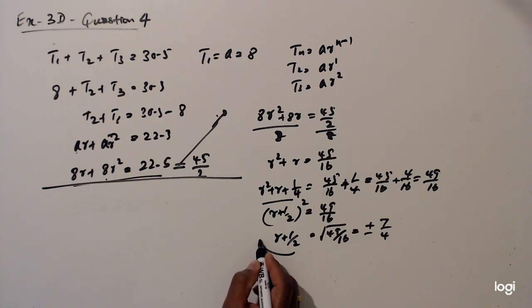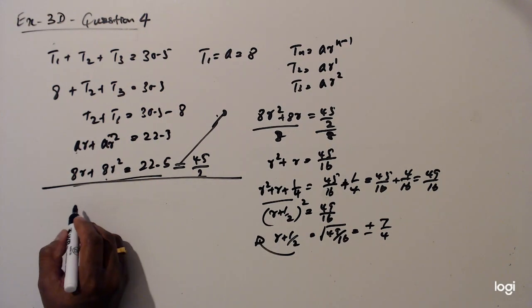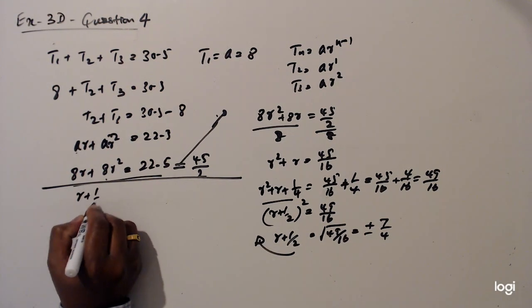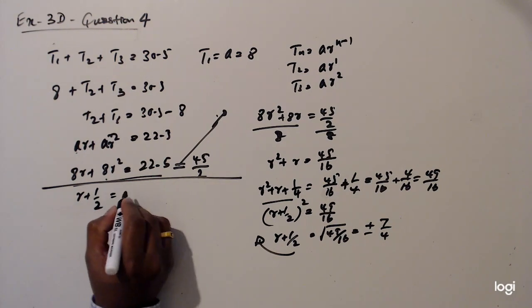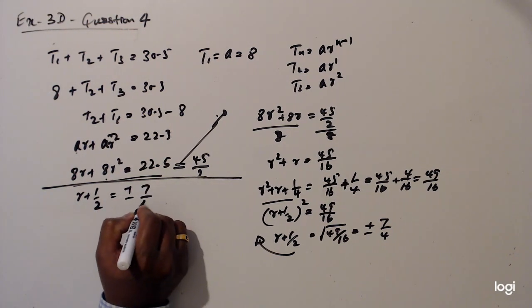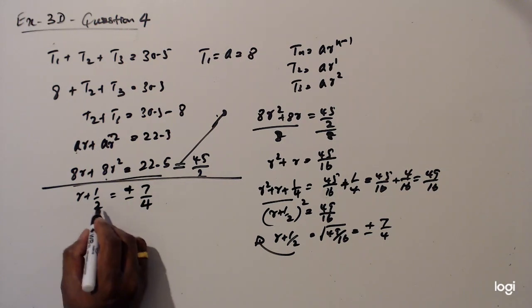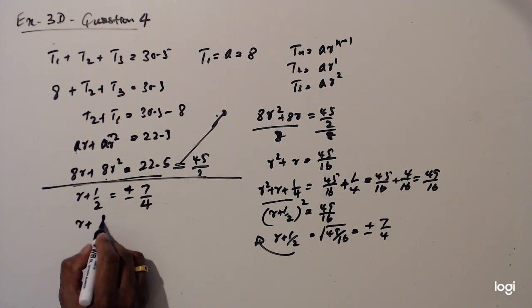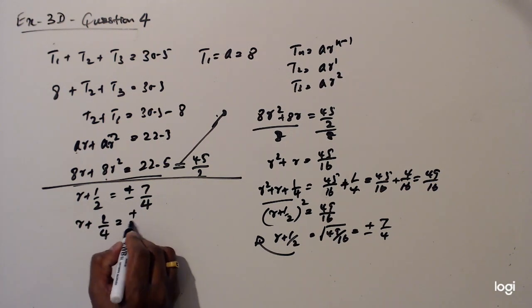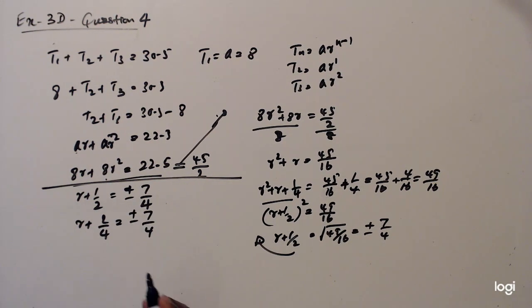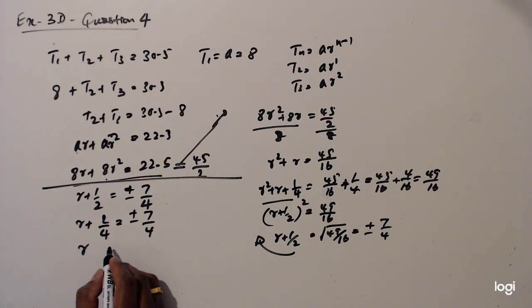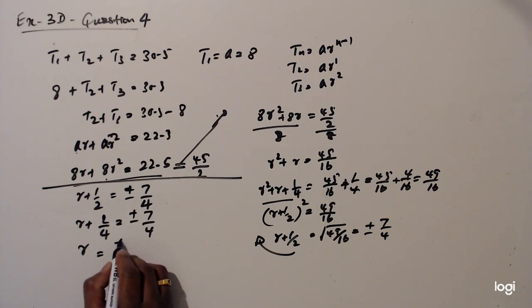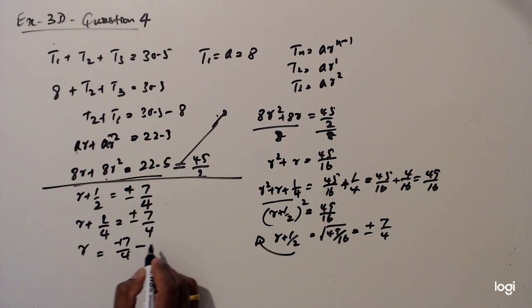I'll come back to here. So R plus half equals plus or minus 7 over 4. So I'll move the half across, R equals plus or minus 7 over 4 minus 2 over 4, making the denominator the same. If it is plus 7 over 4, then this is going to be minus 2 over 4.